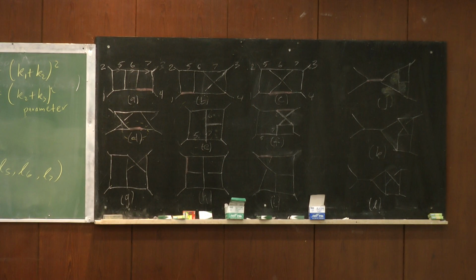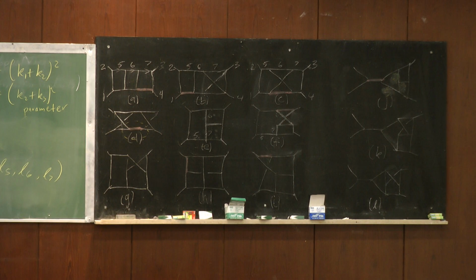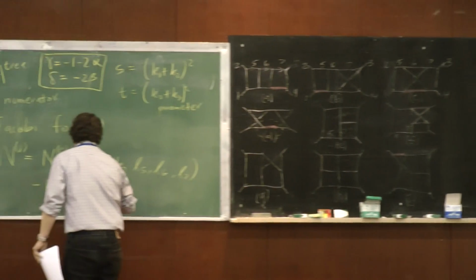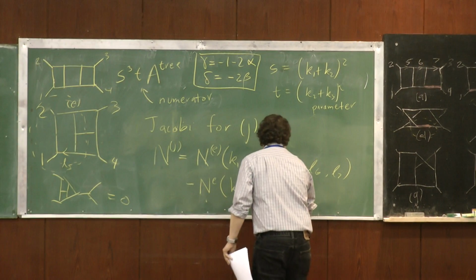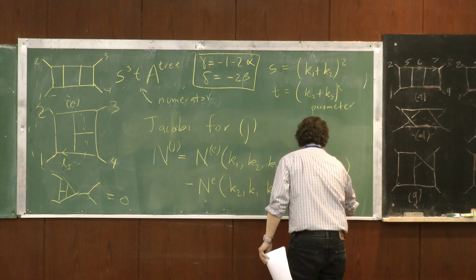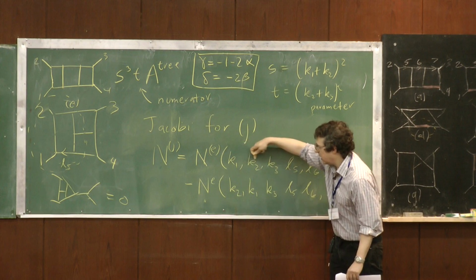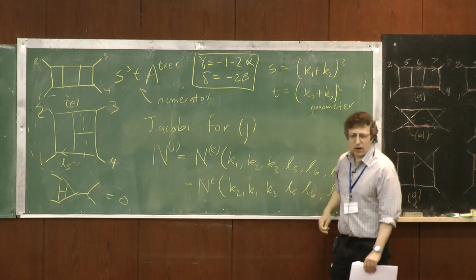So Nj, this would be one term in the Jacobi. The next term in the Jacobi, Ne, and then K2, K1, K3, L5, L6, and L7. You notice the only thing that happened is legs 1 and 2 got swapped.